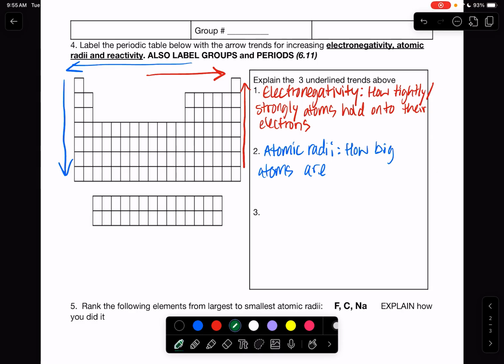And then the last one is reactivity. And we have 2 for reactivity that I'll write on here, but let's go over what reactivity is, which is how strongly they react with other substances.